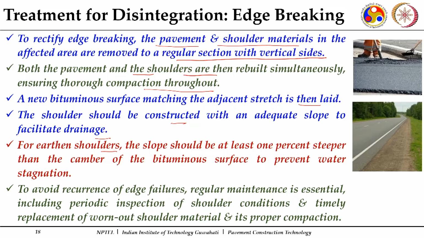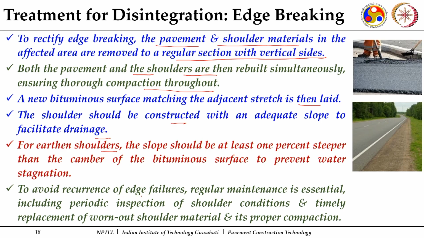It should not be of inferior quality, because in that case it will hold the water. So we need a proper camber and a properly designed shoulder material so that water gets quickly removed. If it stands there, it will enter into the pavement edges, and the edges may again get weakened.